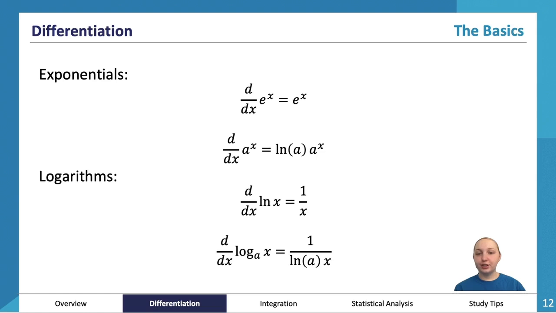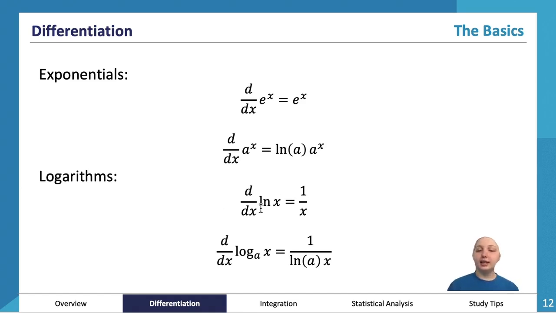So then we've got logs. Log differentiation is something that a lot of people forget that you can do. So it's important to remember that you do know how to differentiate just a base log of whatever, as well as ln. A lot of people forget that those exist. So just remember that they're there and that you do know how to differentiate your logs.